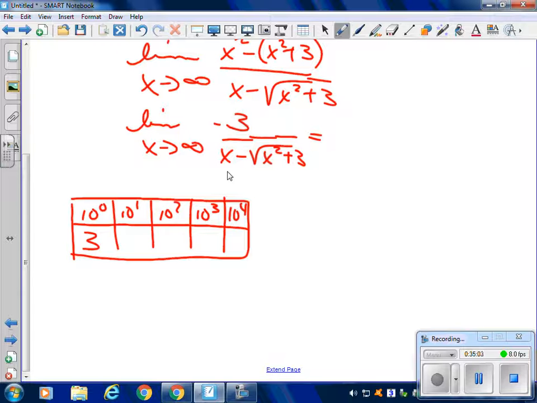I don't know which calculator you're on. Really? 20? Huh. Well, that sure isn't doing what I thought it was going to do. Okay. 20 point something. What's 10 squared?